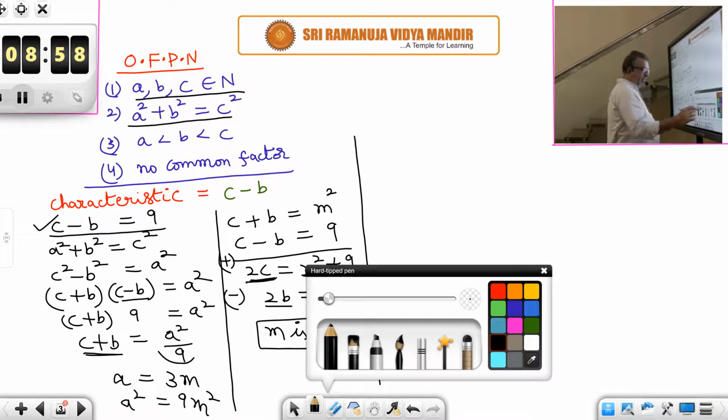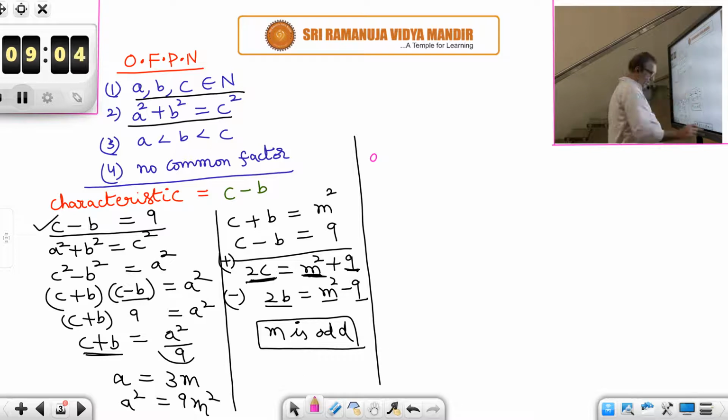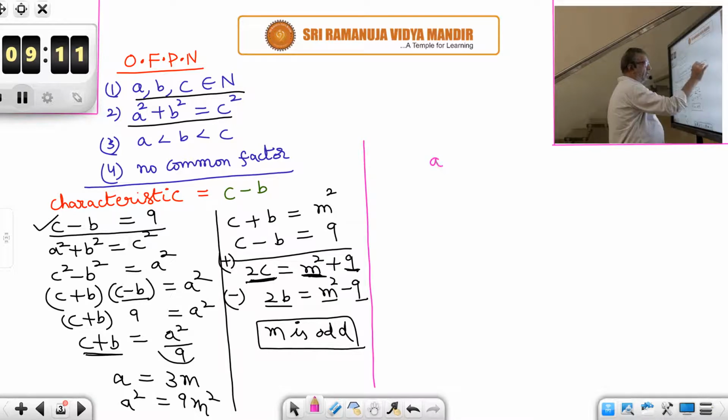Let us use a different color. I'll put it here. A is a multiple of 3, so A is equal to 3m.